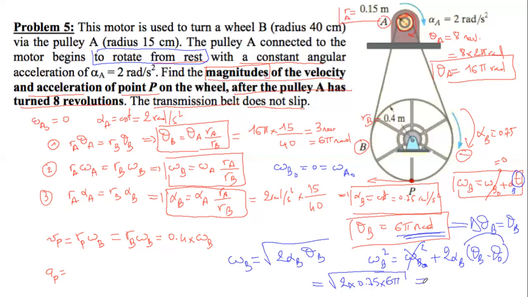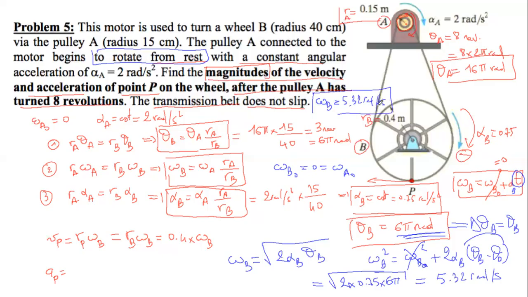When you do the calculation, you will find that omega B is equal to 5.32 radians per second. And that's omega B. So let me write it down here. Omega B is 5.32 radians per second.